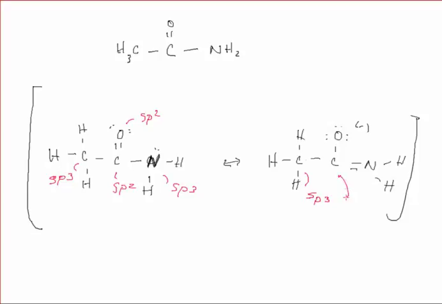Same with our central carbon, still sp2. However, we'll notice that the oxygen here is no longer sp2. It's sp3 because it now has 3 lone pairs and 1 sigma bond. And our nitrogen is no longer sp3, it's now sp2, also with a positive charge.